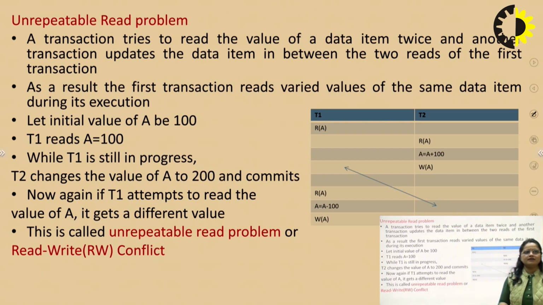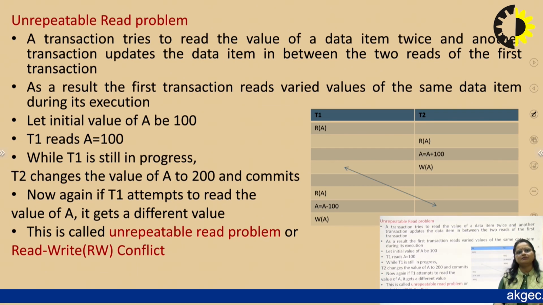Now, the unrepeatable read problem. A transaction tries to read the value of a data item twice, and another transaction updates the data item in between the two reads of the first transaction. As a result, the first transaction reads varied values of the same data item during its execution. Suppose we have two transactions, T1 and T2.